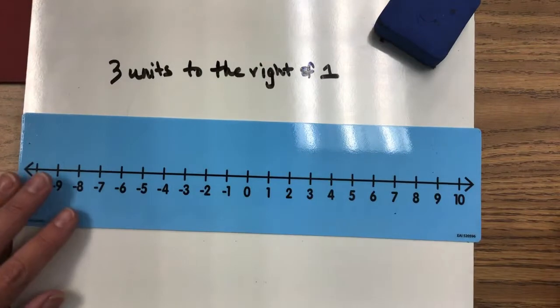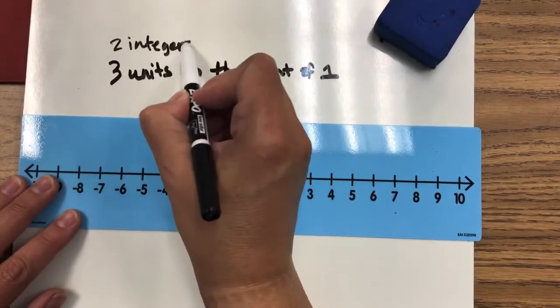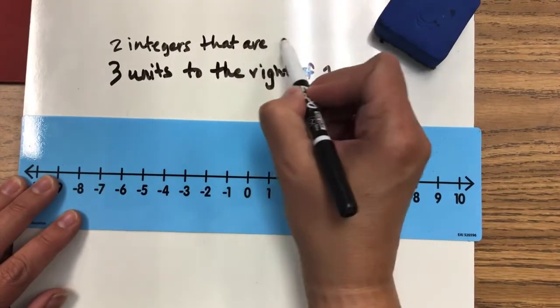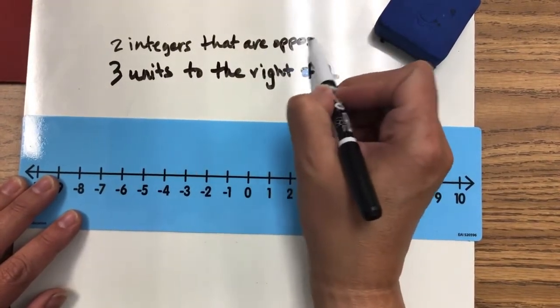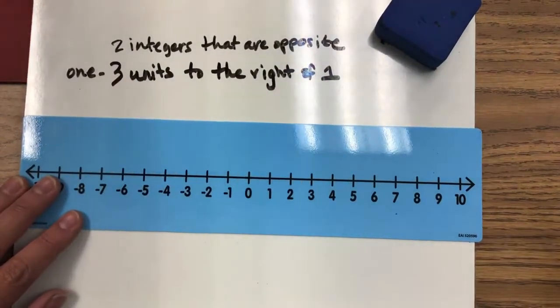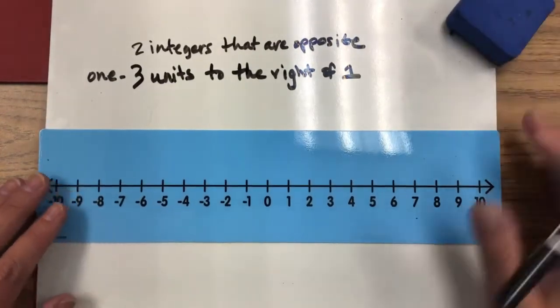So there's two integers that are opposites of each other, and one of those is 3 units to the right of 1. How would we figure out what it is?